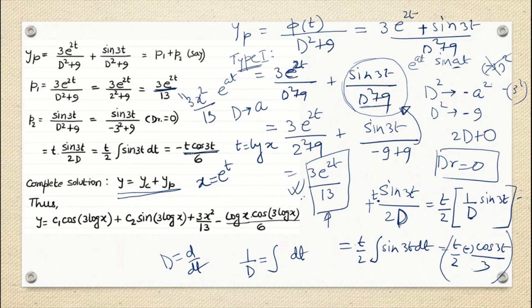So this is your minus log x and then cos 3 log x by 6. So the same thing you can find here, right? t is nothing but log x, and cos 3, and instead of t I am writing log x, and then by 6. So this is the complete answer with respect to your yc plus yp.